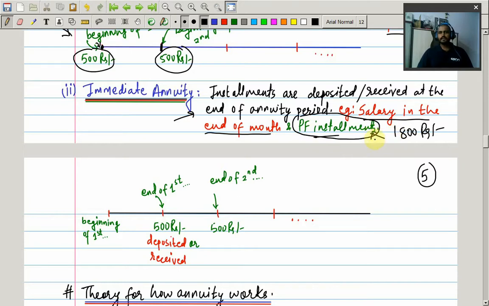So depositing money in a provident fund is an example of immediate annuity, where the money is deposited in your provident fund account at the end of the month or annuity period. So here is the timeline explanation for that.